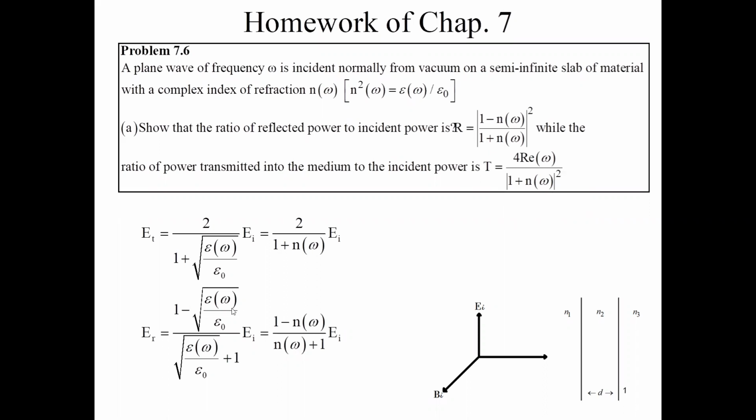So first, the relation between the transmitted electric field and the incident electric field is equal to this. And the relation between the reflected electric field and the incident electric field is equal to this term.